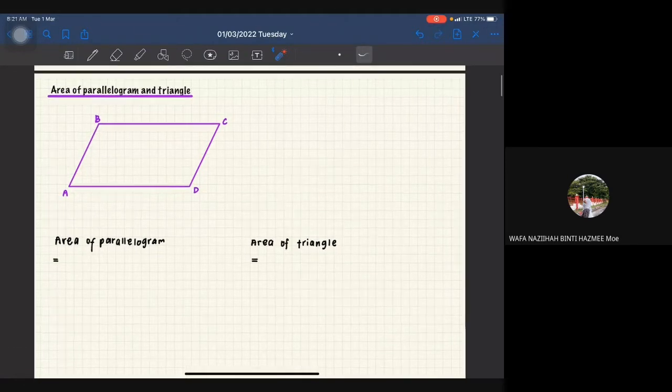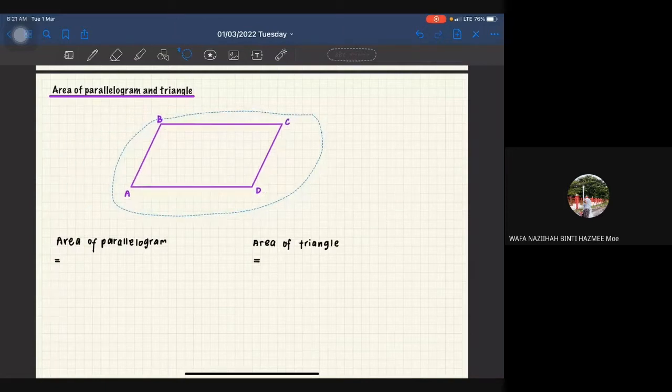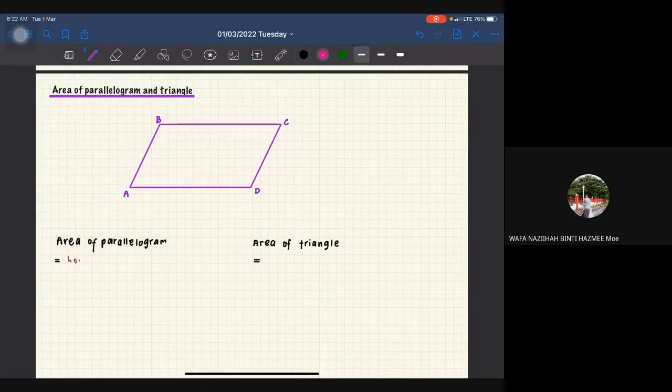Awak ada satu bentuk parallelogram, dia ada bucu A, B, C and also D. So we know that in order for us to find the area of parallelogram, dia adalah equal to height times base, tinggi kali lebar.